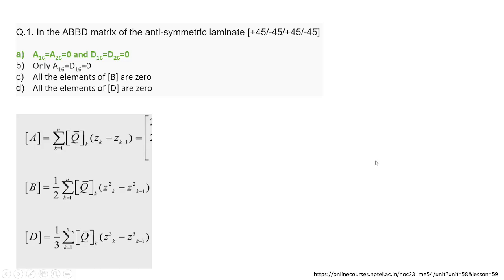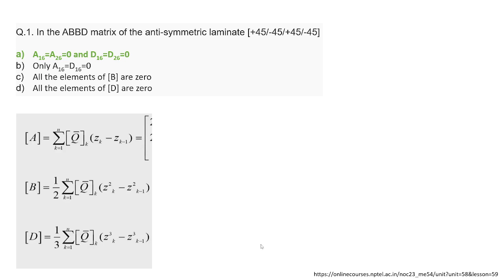So as we know, in a balanced laminate, when there is a stress given in one direction, then there will be equal shear stress... sorry. So in a balanced laminate, what happens? A16 and A26 is equal to 0. Why is it equal to 0?